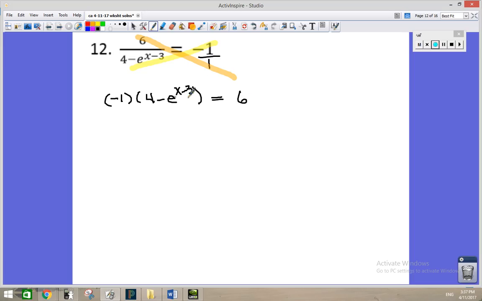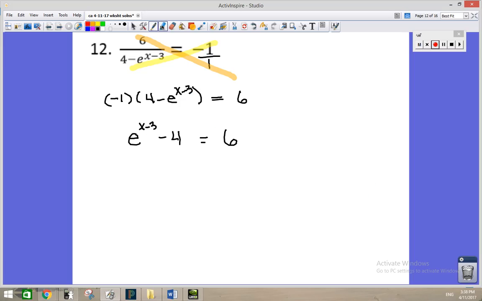Whenever you take the opposite of a subtraction, that's what -1 is telling you to take the opposite. You can just change the order of this subtraction. Or distribute that -1 through, and you can see the -1 times a positive 4 gets you a -4, and the negative times negative gets you a positive e raised to the x minus 3.